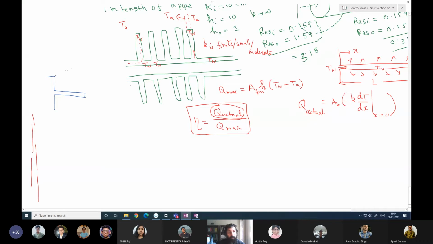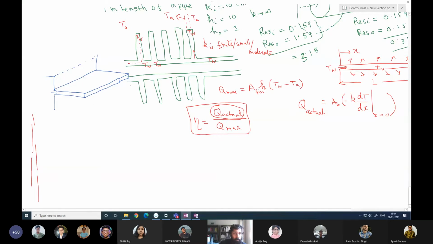This is a part of the surface. The surface may be very long, so this width is long. So we are talking about one-dimensional conduction. So other dimensions may be taken as very long. So heat is transported only in this direction.